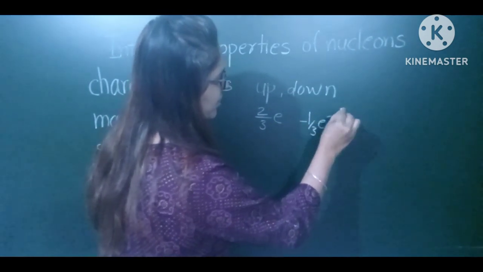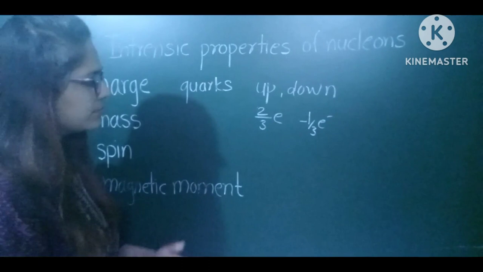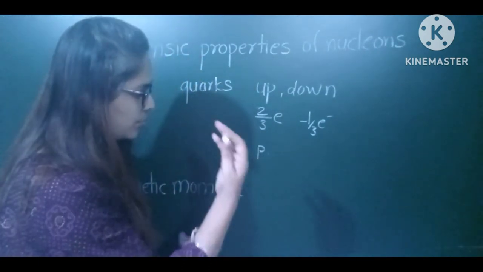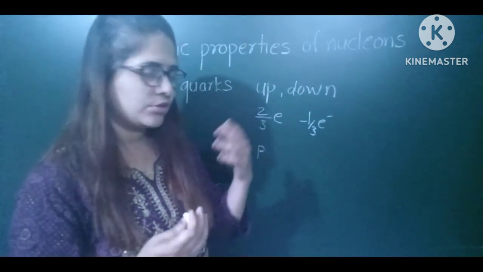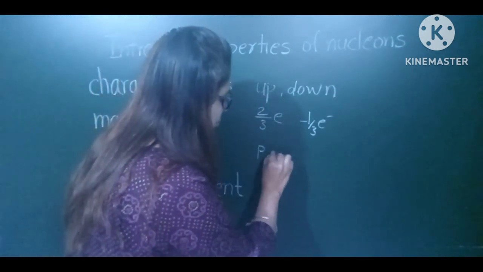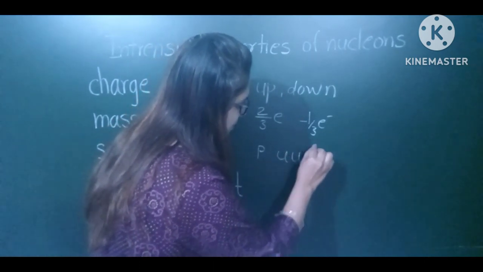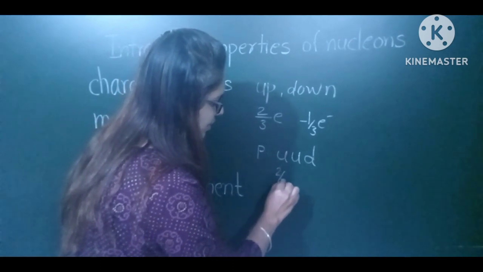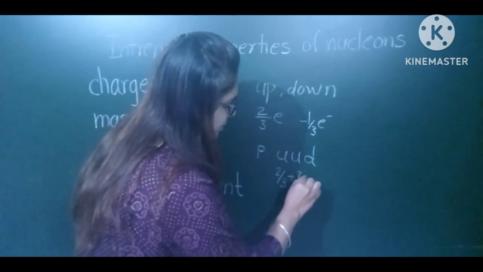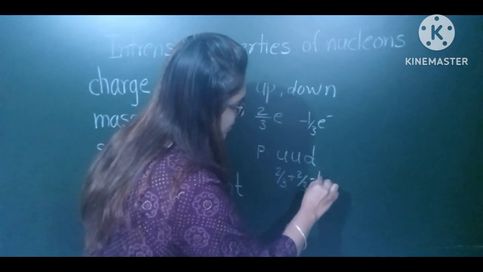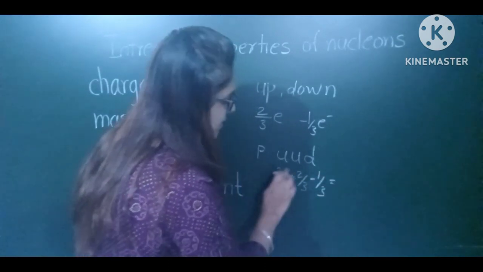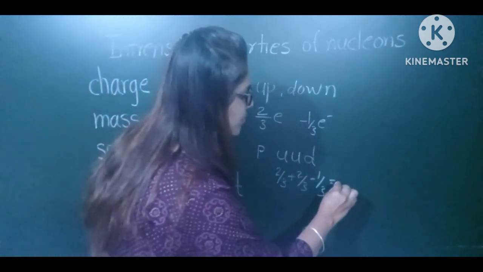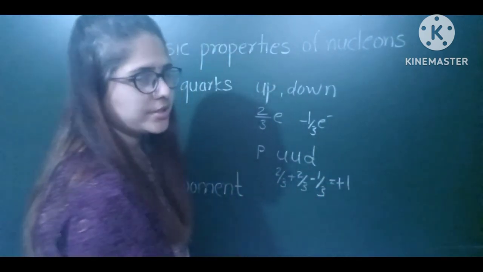Now our proton, we know that the proton is positively charged. The proton is made up of up and up and down quarks, with 2/3 electronic charge plus 2/3 electronic charge minus 1/3, which collectively comes to be a plus 1 charge.